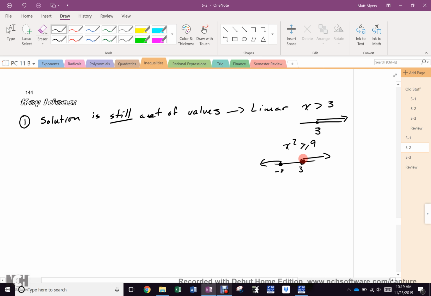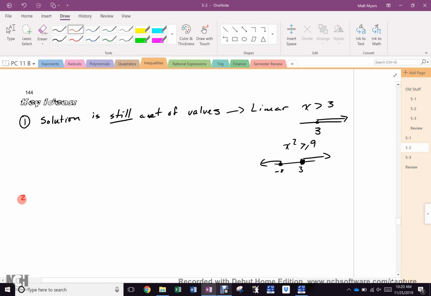But they're still sets. Is everybody cool? That's the first key point. The solution is a portion of the x-axis, not one spot on it. Everybody's good?